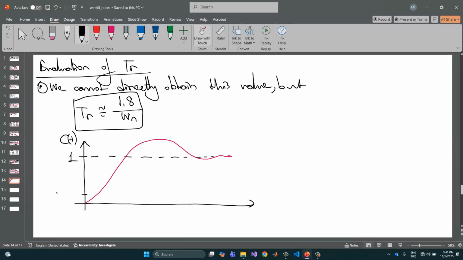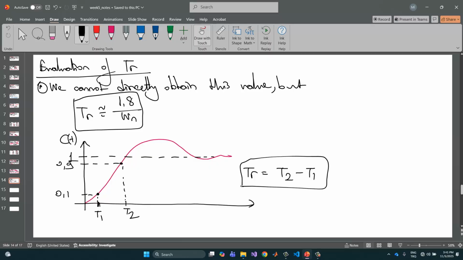And so we have the 0.1 and 0.9, because 1 is the final c, the final value. We have one T1 and one T2. Rise time is equal to T2 minus T1. This is also another important parameter to drive your system. Okay?